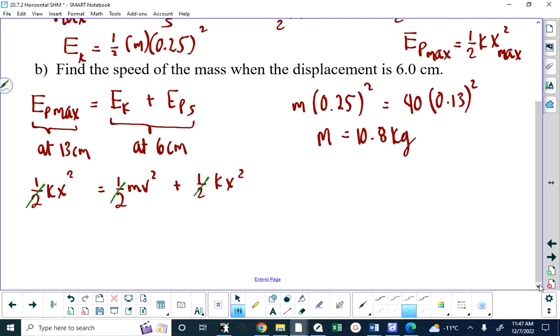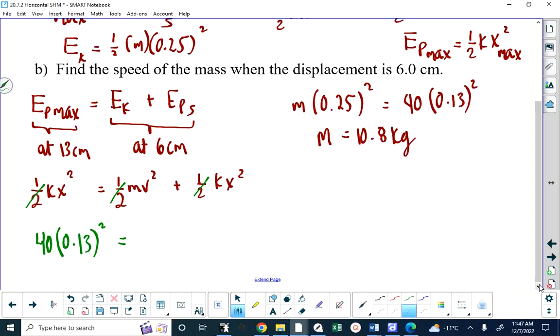A question for you. What's the difference between the x on the left and the x on the right? Zahara? On the left it's 13, on the right it's 6. Right, they're just different numbers. So this would be 40 times the 0.13 squared equals the mass. Well, we found the mass, didn't we?